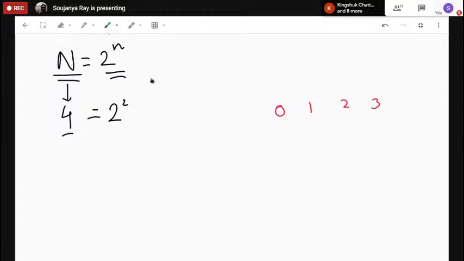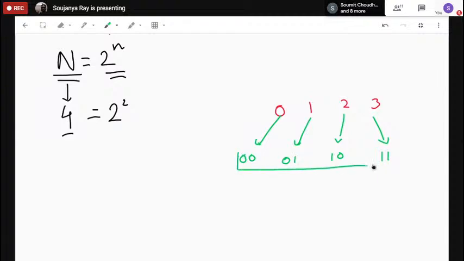So 0 is 00, 1 is 01, and so on. We know this, right? We have done plenty of Boolean algebra. So binary encoding is done. Now this binary encoding helps us to get into the state of superposition. So 2 steps are done.